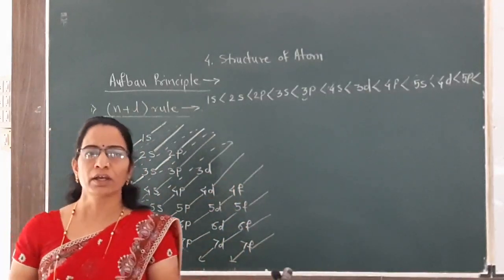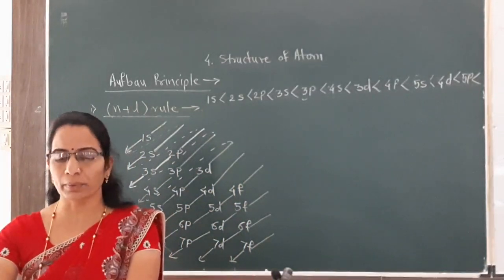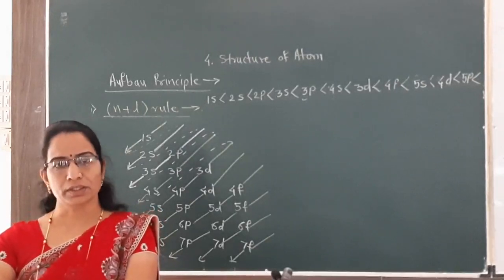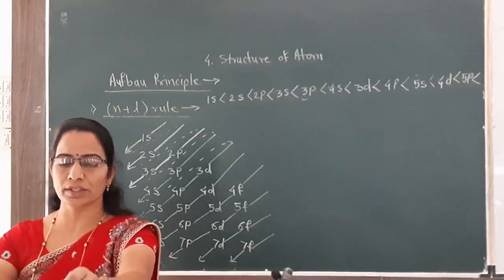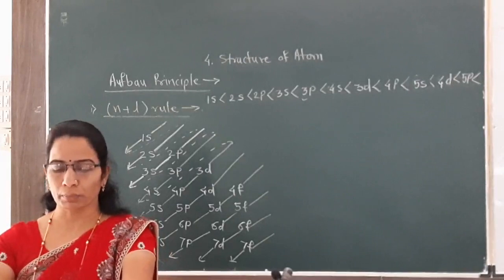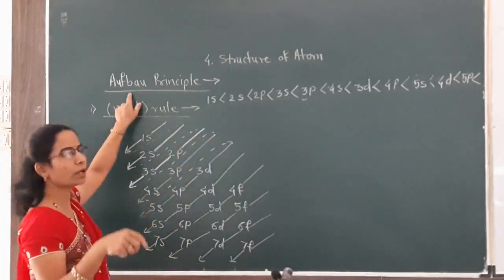In this way you can write the energy level sequence for all orbitals, and with the help of this increasing order of the energies of all the orbitals, you can show the orbital-wise distribution of electrons with the help of this principle.